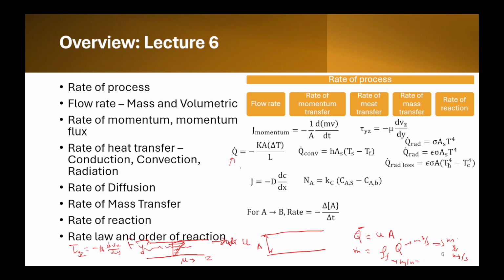This will be Q, and this Q dot is basically the heat rate. So heat rate is given as, this is the thermal conductivity, this is the area, this is the temperature difference, divided by the distance.